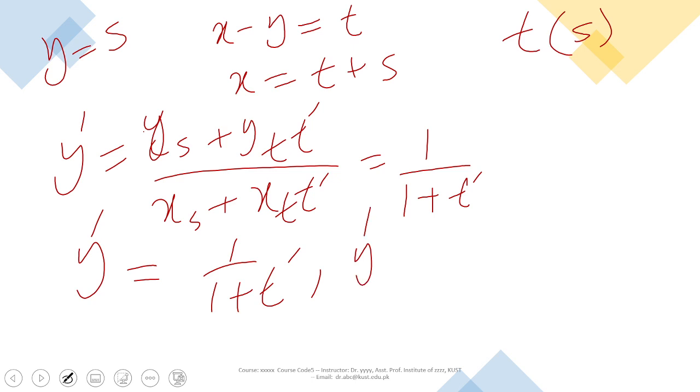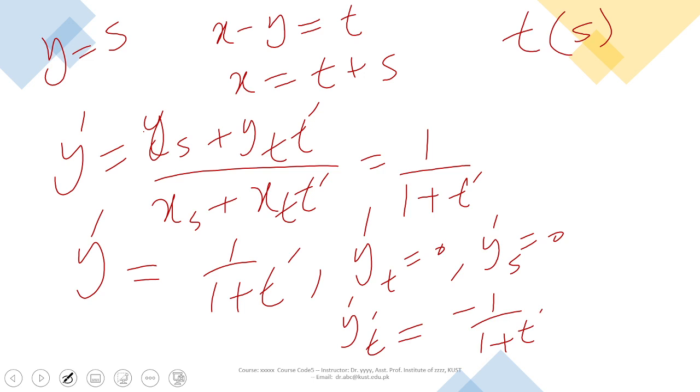Now y dash t is 0, y dash s is 0, and y dash t dash is minus 1 over 1 plus t dash square. So now I need y double dash.